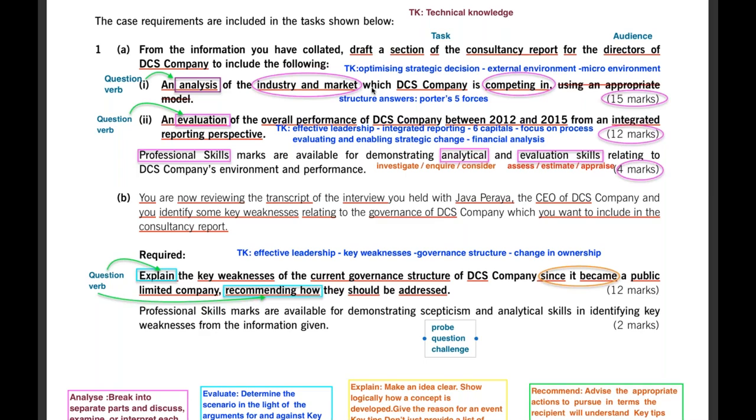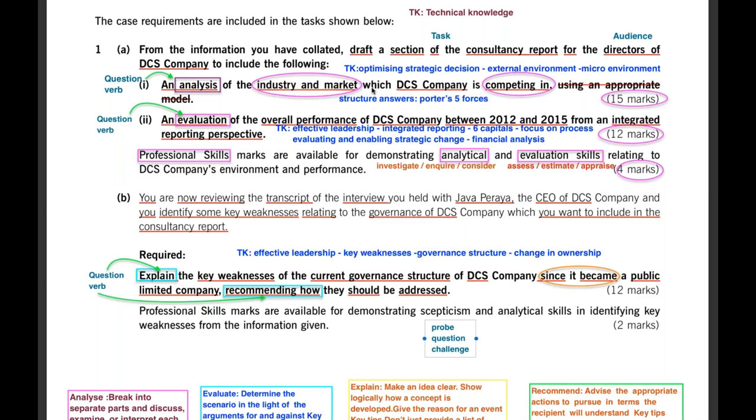You can't put it under the threat of new entrants, but you can put it under the threat of substitutes. That point is still relevant in analyzing the industry and market they are competing in. So by all means, just put it in.